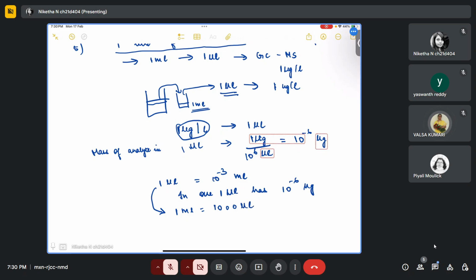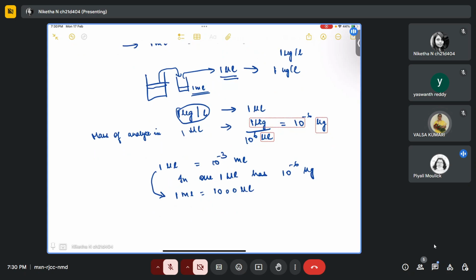Correct? So if in 1 microliter there are 10 power minus 6 micrograms, 1 ml will have 1000 into 10 power minus 6 micrograms, which is, how much is this?